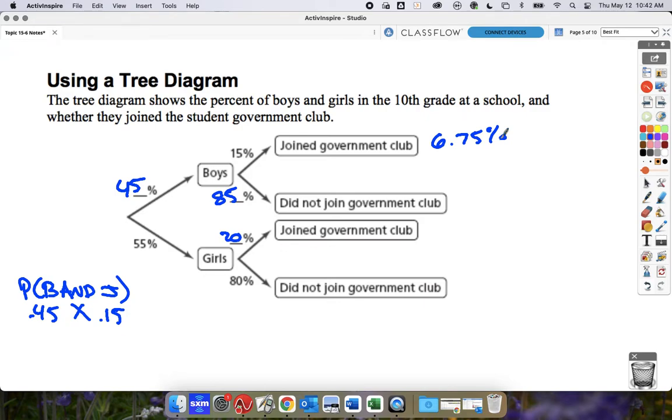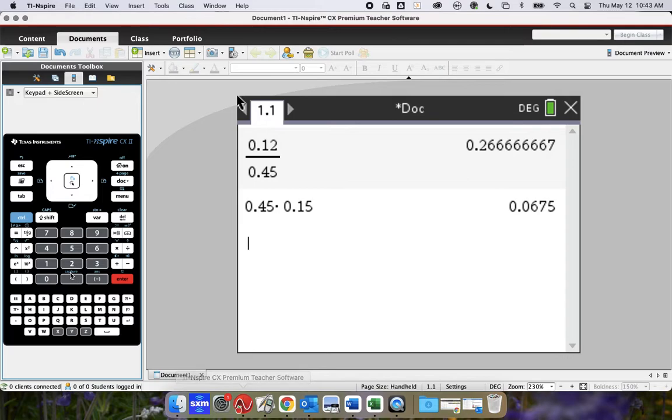What's the probability that you're a boy and did not join the club? So what's 0.45 times 0.85? 38.25%.